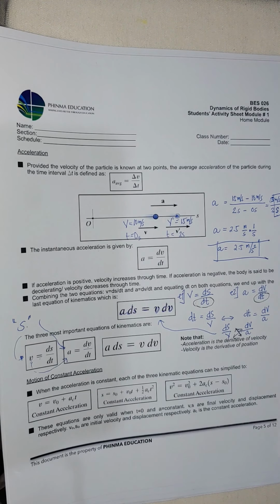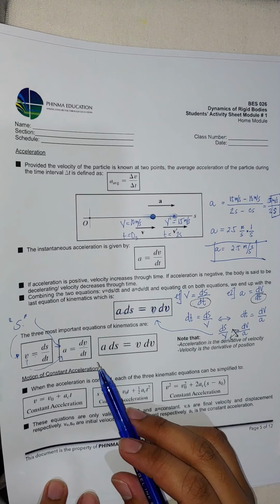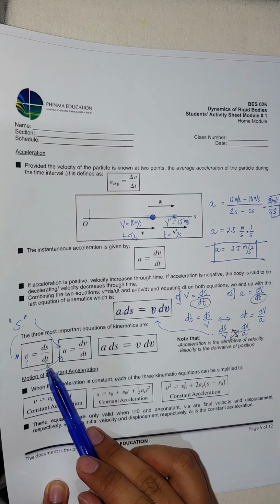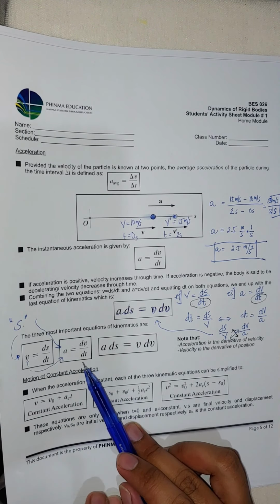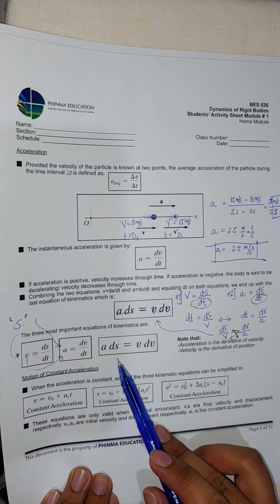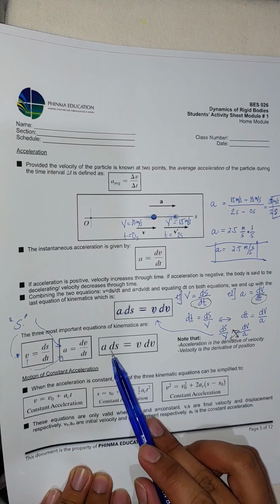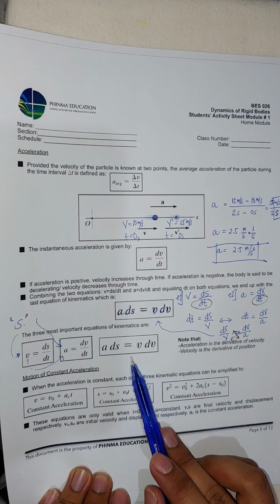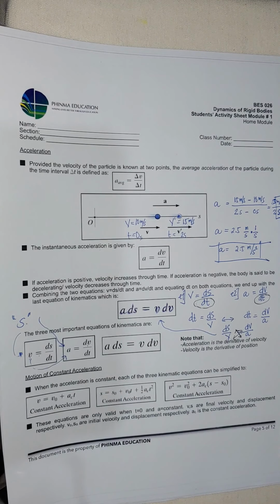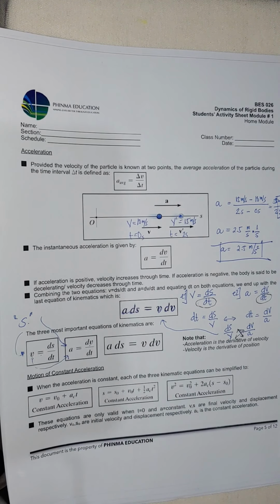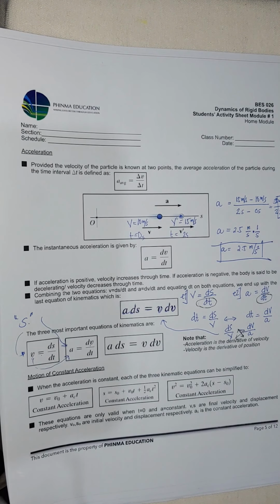Okay. So here are the three most important equations of kinematics. First one, what I mentioned, v is equal to ds over dt. Acceleration is equal to the derivative of velocity with respect to time. And then this one, a ds is equal to v dv. Okay. So now, what if the object is in constant acceleration?